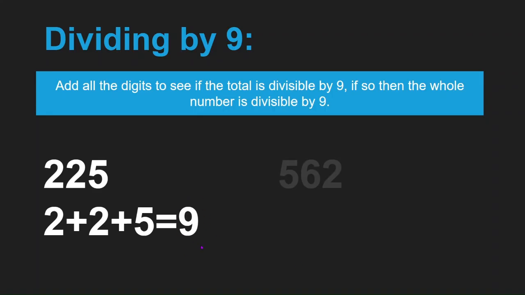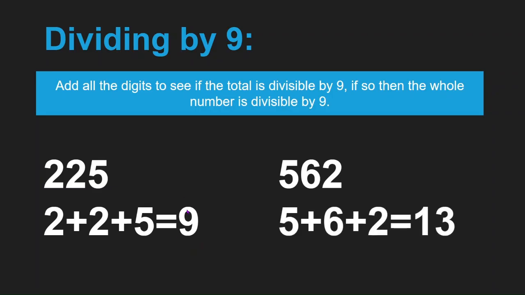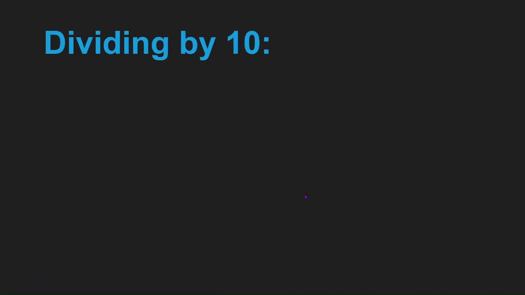You get 1. So it is divisible. Let's look at this number. 5 plus 6 plus 2 equals 13. 13 is not divisible by 9. So this number is divisible by 9. This number is not divisible by 9.